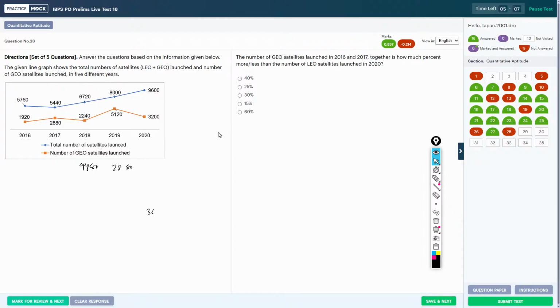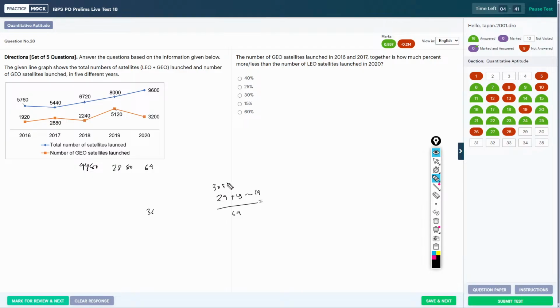Number of GEO satellites launched in 16, 17 GEO. Yes, so 29 and 19. How much percent more or less than the LEO in 2020? So LEO in 2020 is going to be 6, 4. Difference 6, 4. So 19.